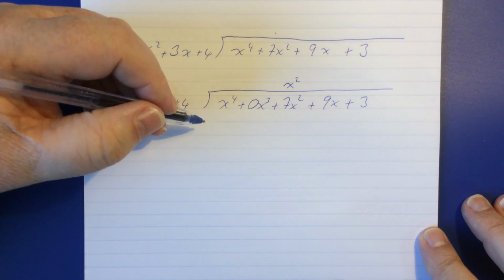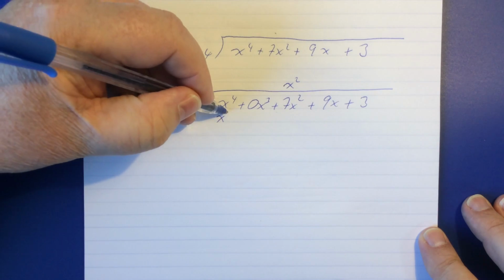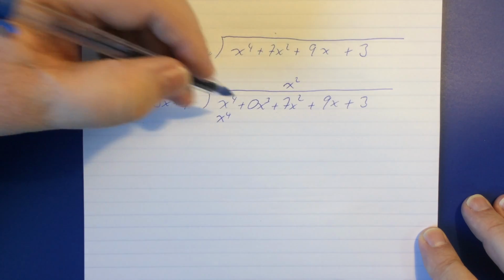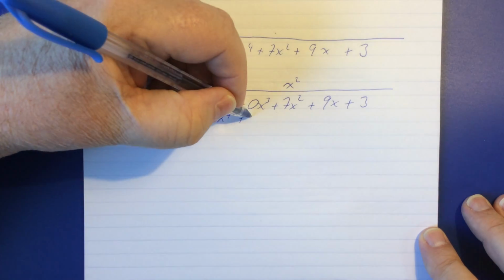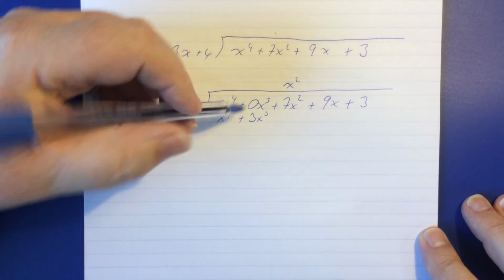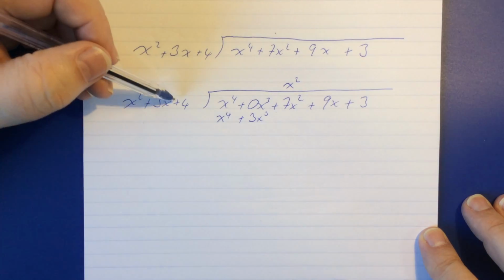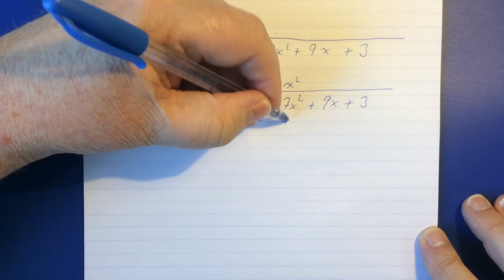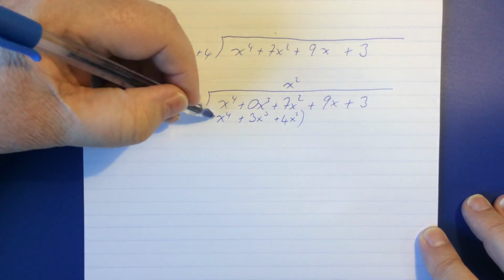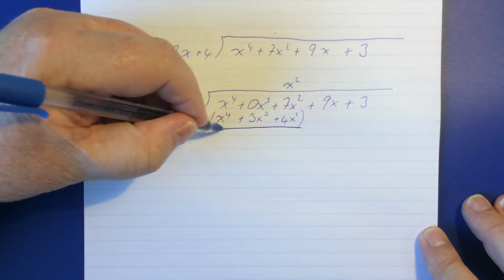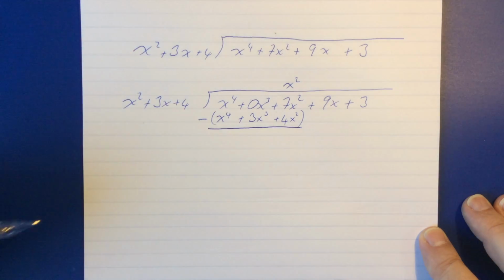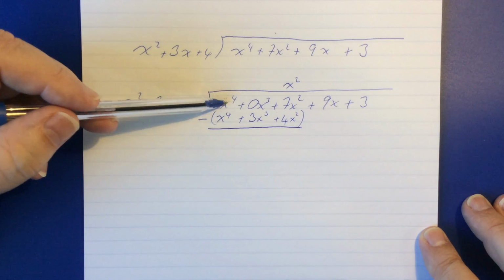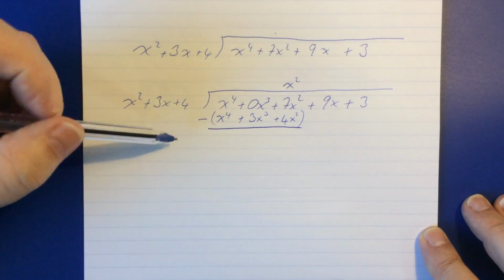And that gives us the following: x to the power of 4 plus 3x cubed. Now you see the importance of this filler, plus 4x squared. And as in previous examples, I simply subtract that, and what I am getting rid of is this first expression here.